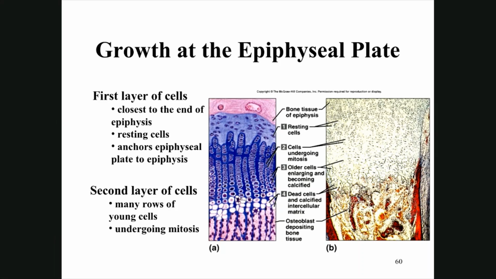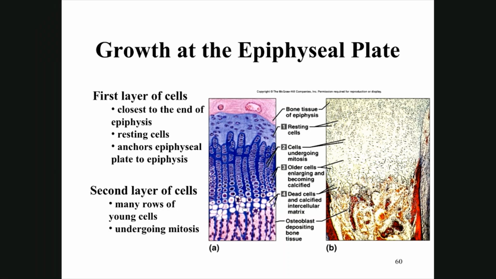So that's the four layers of cells I want you to know. One layer is resting. The second layer is dividing. The third layer is hypertrophied and calcified. Calcified means they have calcium in there, and then they're dead.